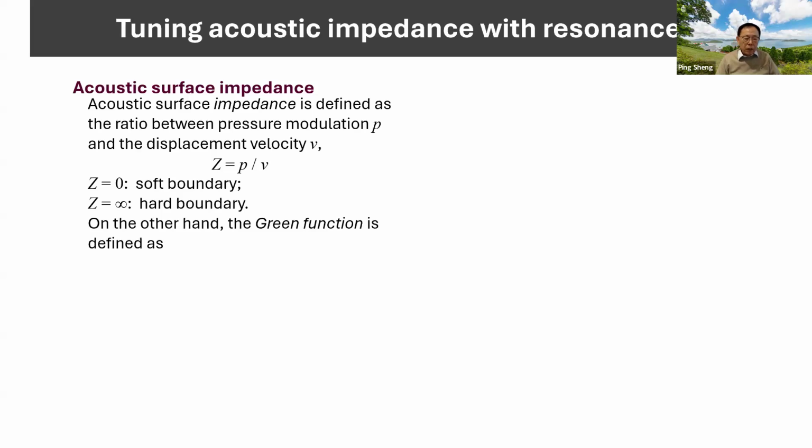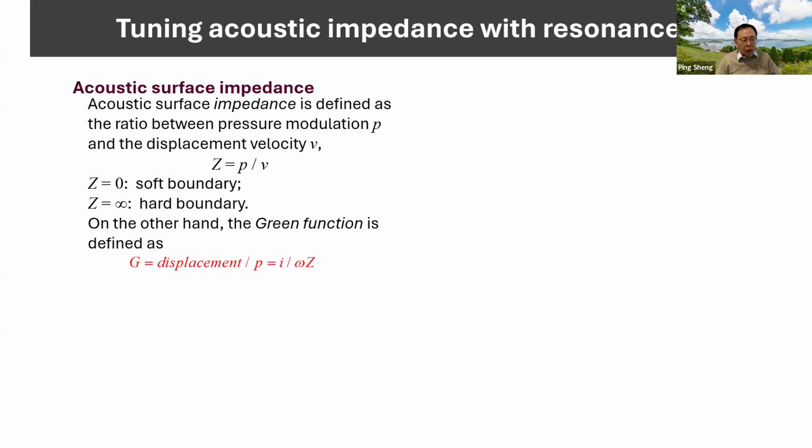So from this definition of the impedance, we can convert that to relate it to the Green function. Now, the Green function is defined as displacement, not displacement velocity now, it is displacement.